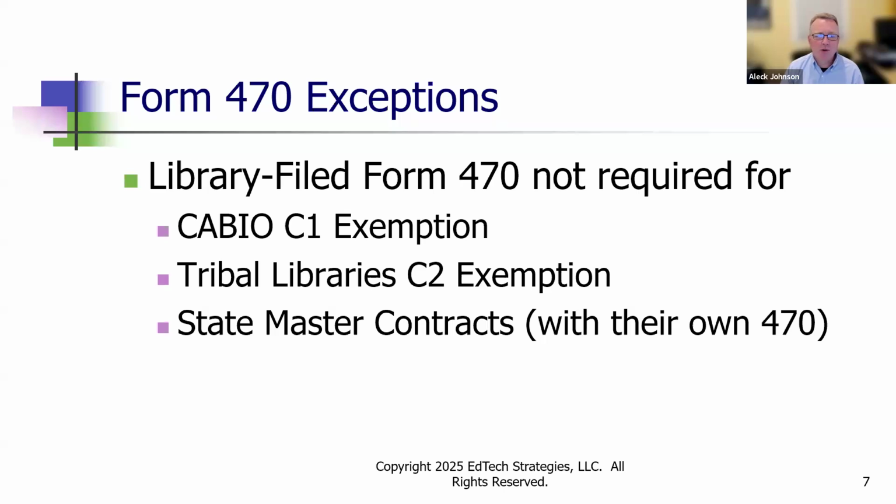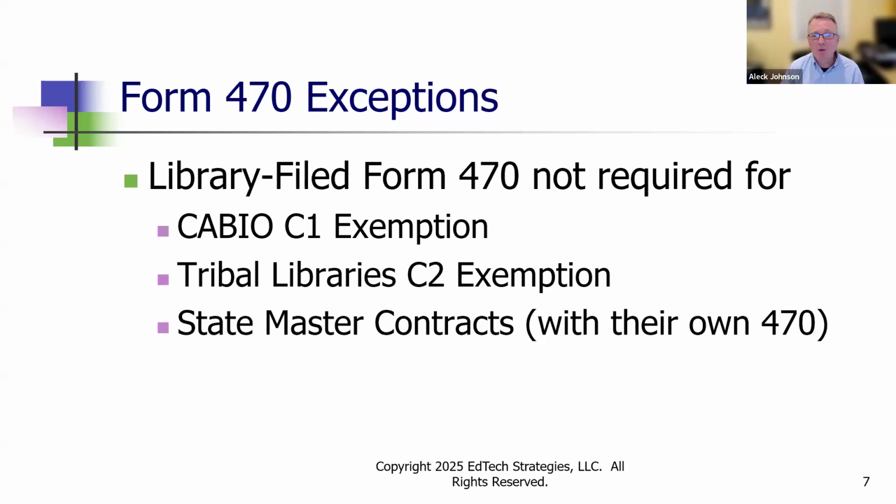Second, there's what's called the Tribal Libraries Category 2 exemption, and despite the name, this is not something that only applies to tribal libraries, it applies to all libraries. And it's very similar to the CABIO exemption in that as long as the Category 2 equipment or services that you're purchasing for a single library location do not exceed $3,600 a year in cost, then you can bypass the Form 470.